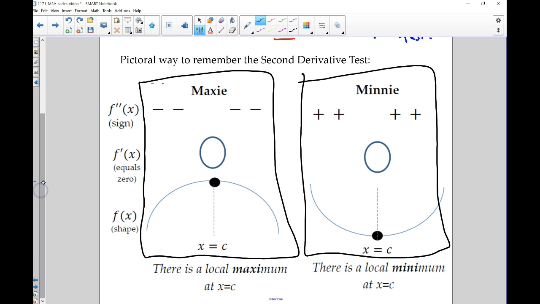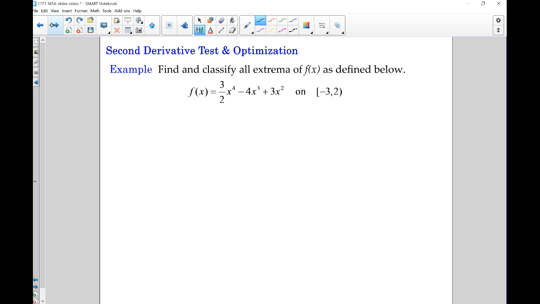Okay, so let's see this in a problem. We want to try to use this method to classify extrema of this function. First I need to find the critical points. That is finding the first derivative, and then I need to set it equal to 0. Finding the first derivative, I get 6x cubed minus 12x squared plus 6x.